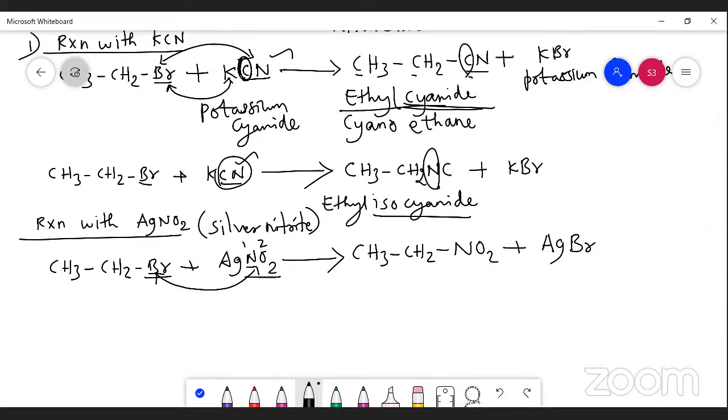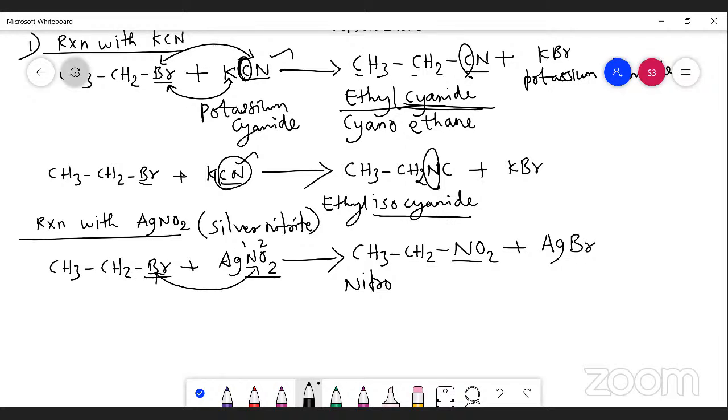Now, how do we give the product name? Each product has a different functional group. Here we have NO2, the nitro group.